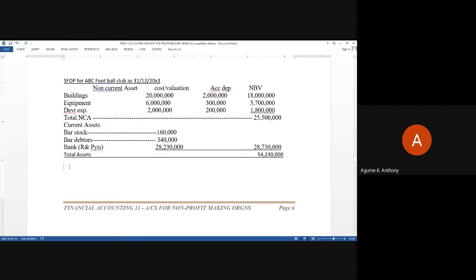Then I go to equity and liabilities. And among this, you have the accumulated fund.